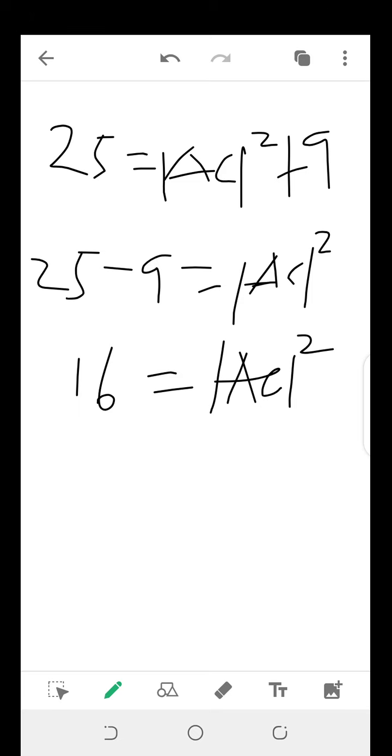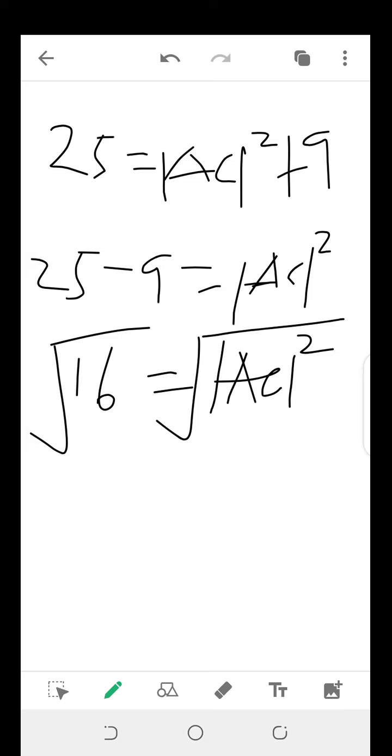So all that we need to do here is very simple: we square root AC, and I will do the same thing to the 16. And 16 is a perfect square. When I talk about a perfect square, a number multiplied by itself produces this result.